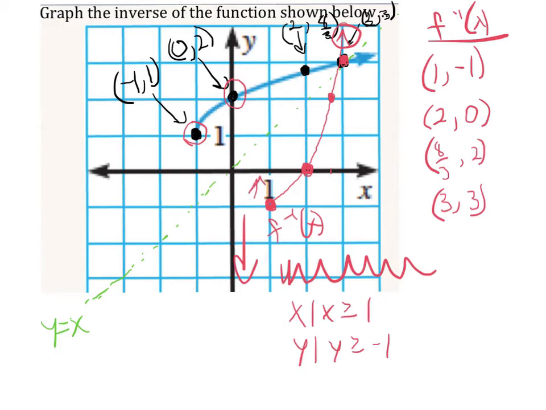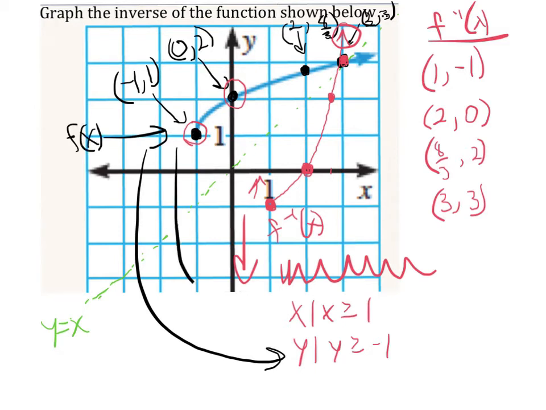So here's an important fact for our inverses. The domain of our original function is the range of our inverse, and vice versa. The range of f of x is the domain of f inverse of x.